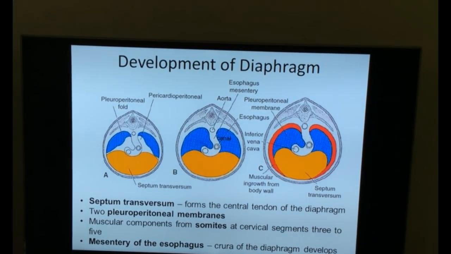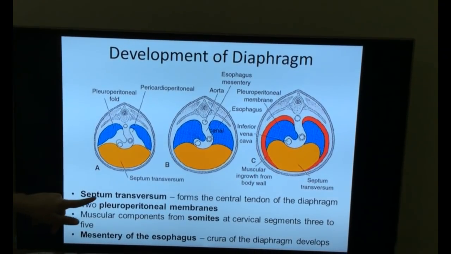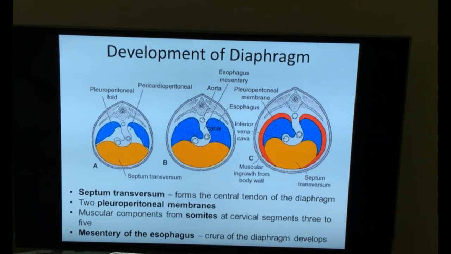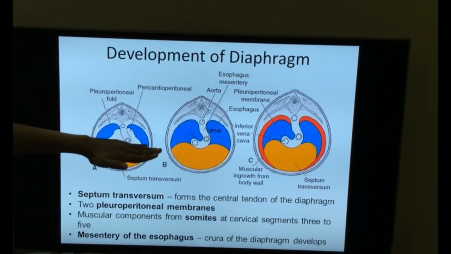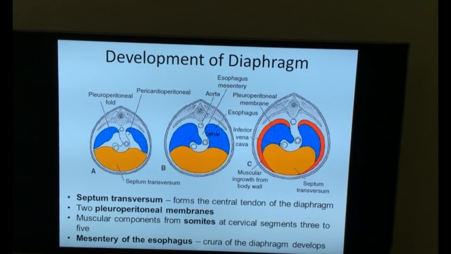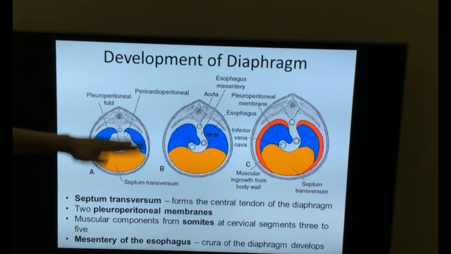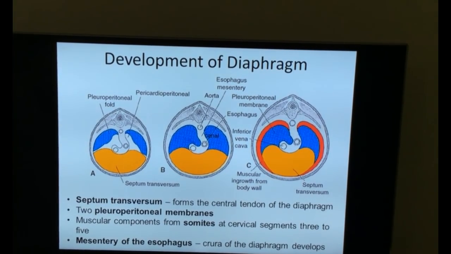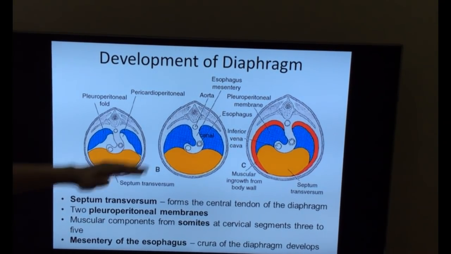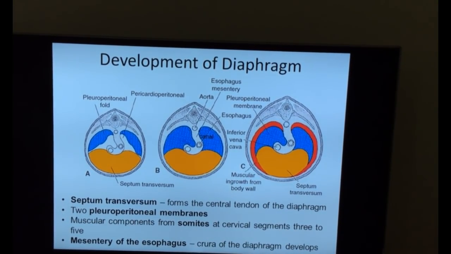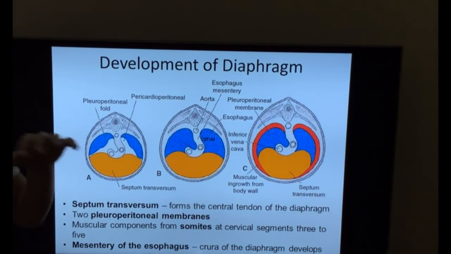One of the structures you have to know is the septum transversum. The septum transversum is a very important plate of mesenchyme which develops from the ventral body wall and grows dorsally to join with the other folds to complete the development of the diaphragm. This plate of mesenchymal tissue appears during the folding time.